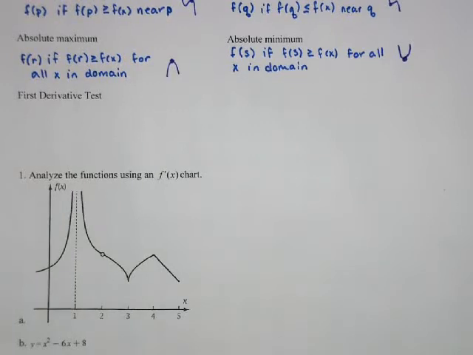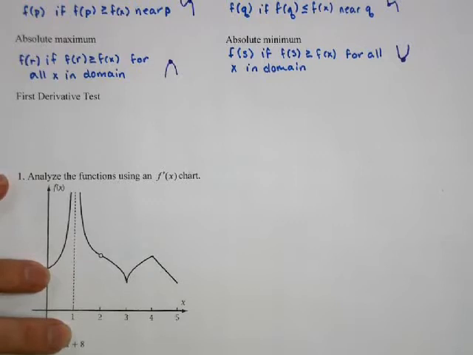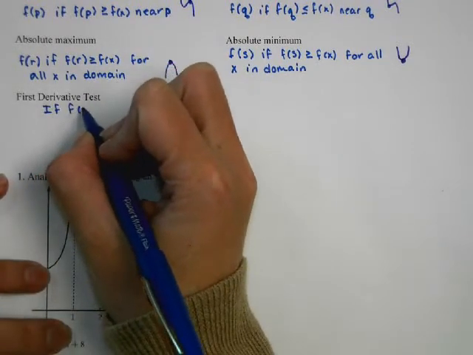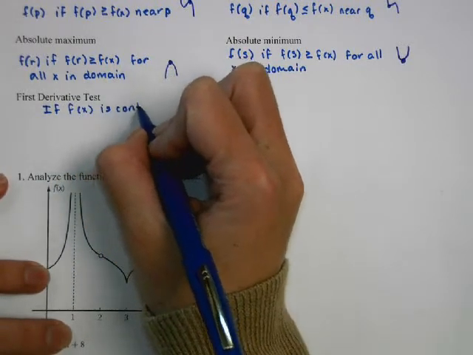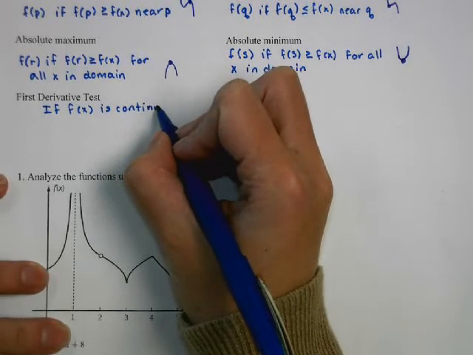The first derivative test is a very important one. So there's two conditions that need to be met to use this. First is the function must be continuous at whatever value we are investigating.